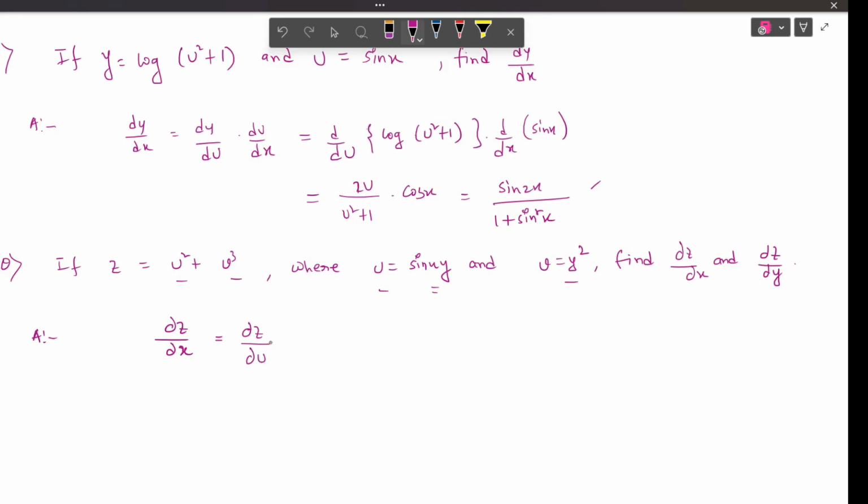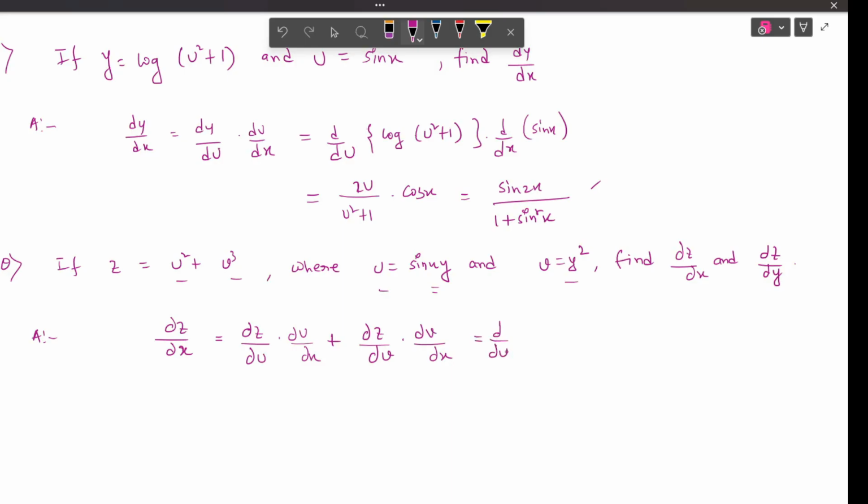First, delta z upon delta u into delta u upon delta x, and second, it's a function of v also, so this is delta z upon delta v into delta v upon delta x. Okay, now let us see.